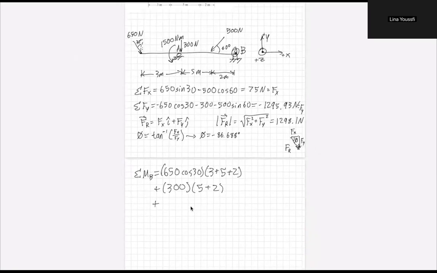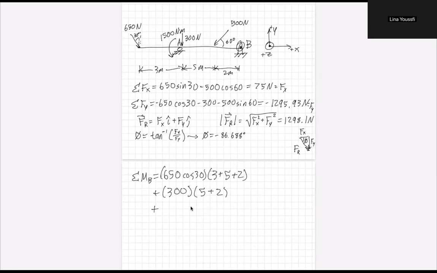I'm also going to add this 500 Newton force that's at an angle. So that's 500 times the sine of 60 times 2 meters.